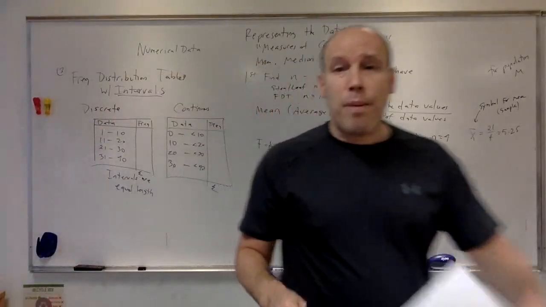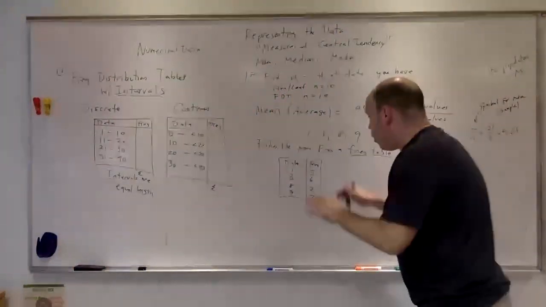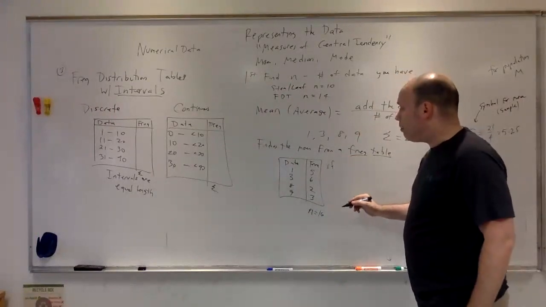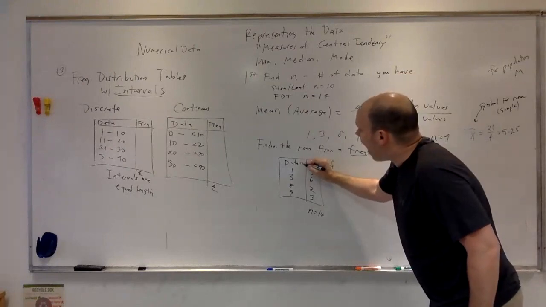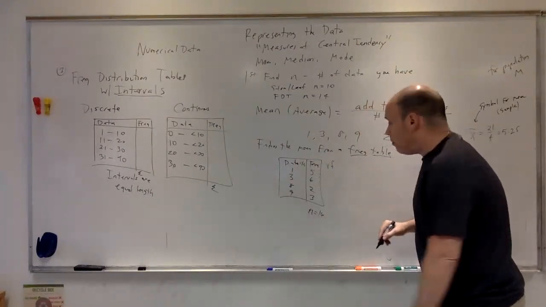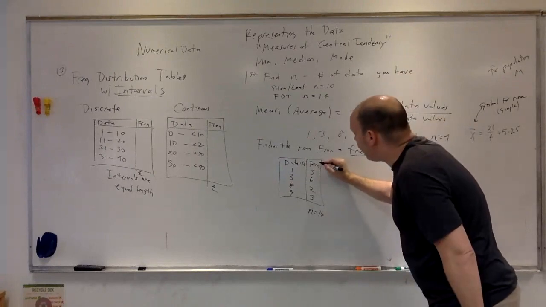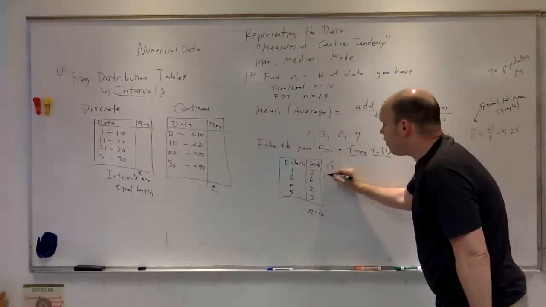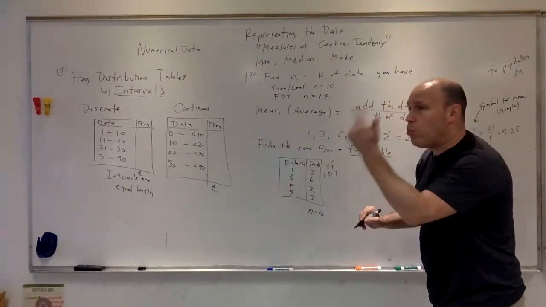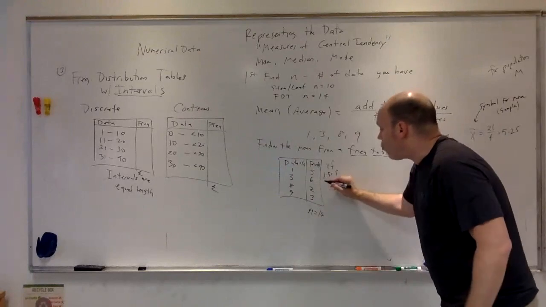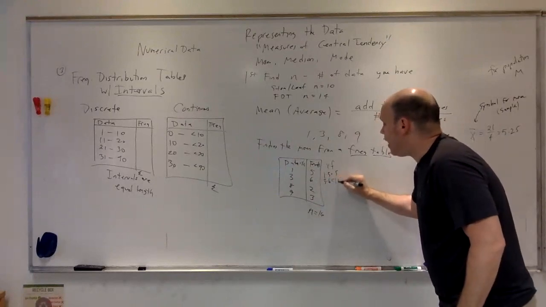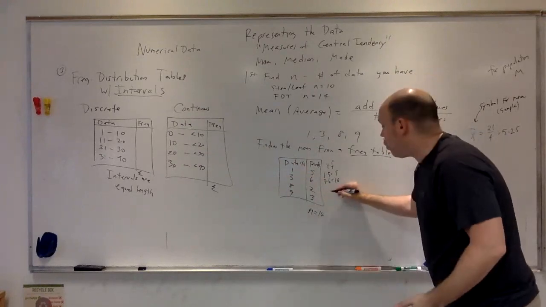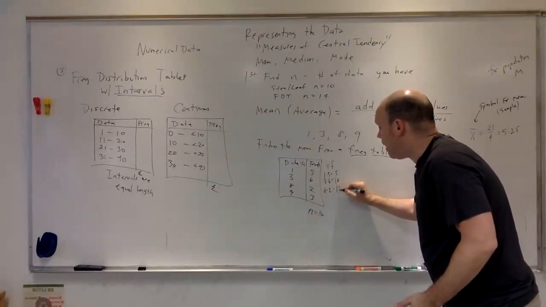Okay, how do I find the mean? You're going to do something called x times f. If we call this data point xi and this specific frequency fi, then 1 times 5 is 5, like 1, 1, 1, 1, 1. 3 times 6 is 18. 8 times 2 is 16.